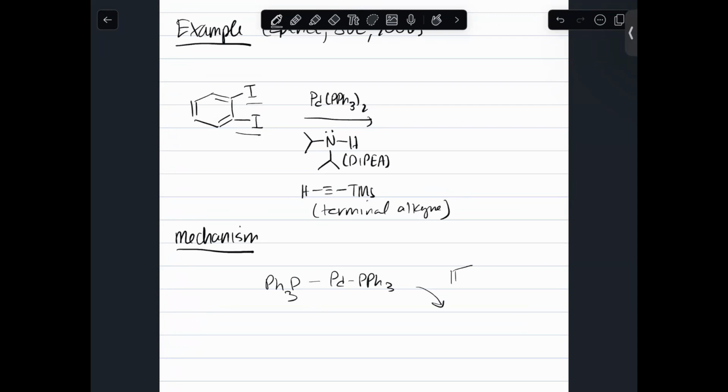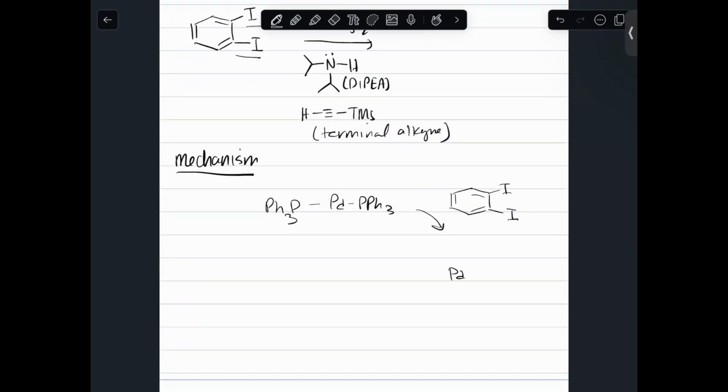It does its first oxidative addition. So the mechanism is incredibly similar to what we just talked about.